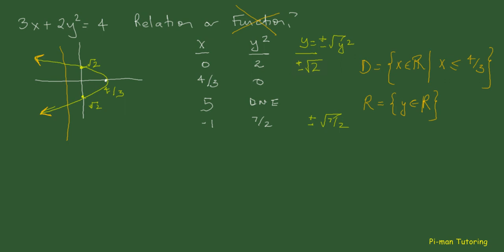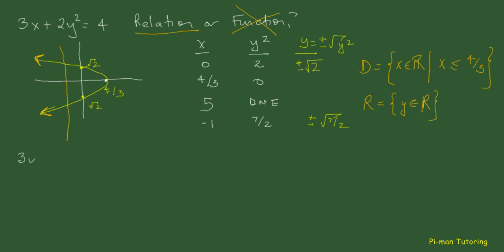Now, part 2 of the question is, what about the inverse of this, what we now know is a relation? So let's take a look. If we do the inverse, we're going to change the x's to y's and the y's to x's.